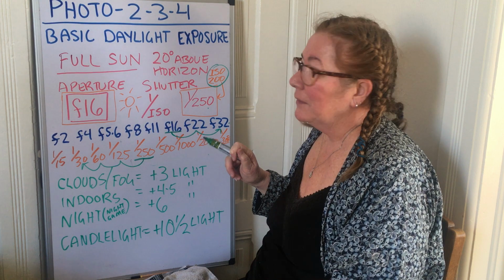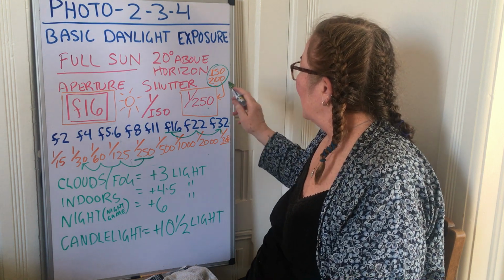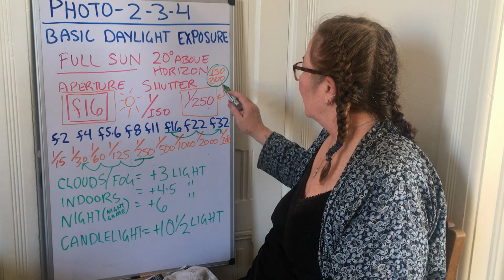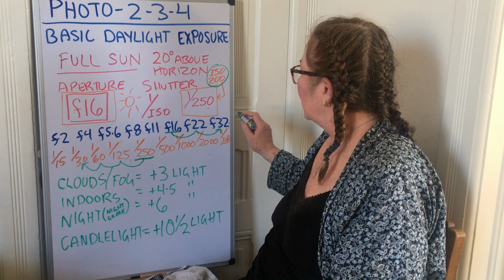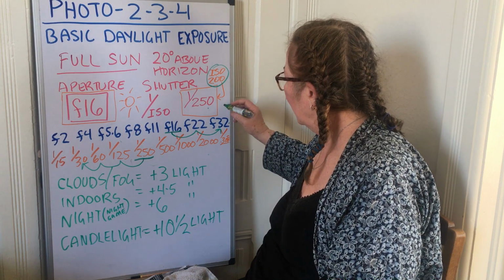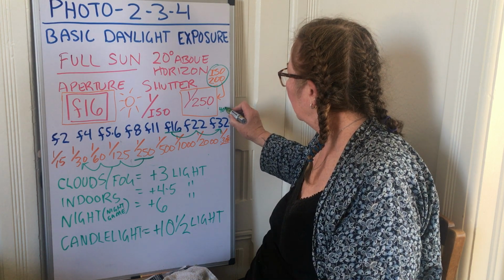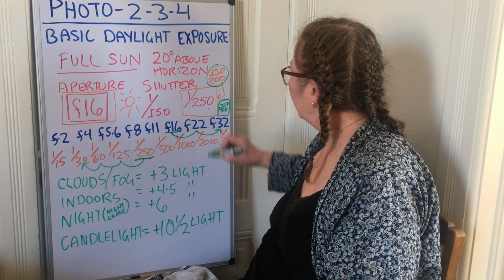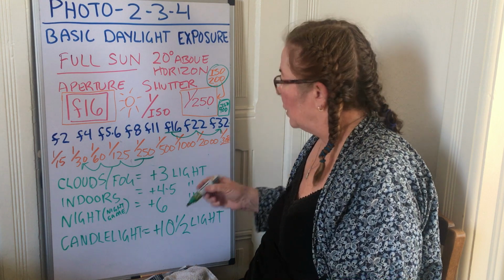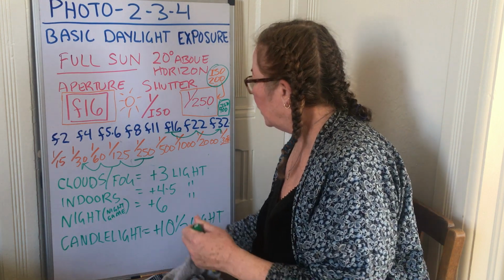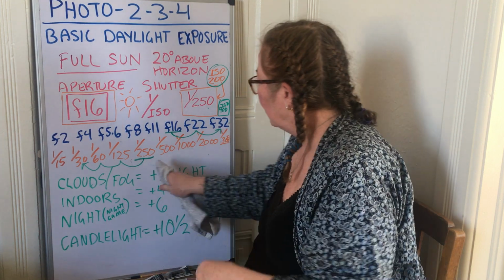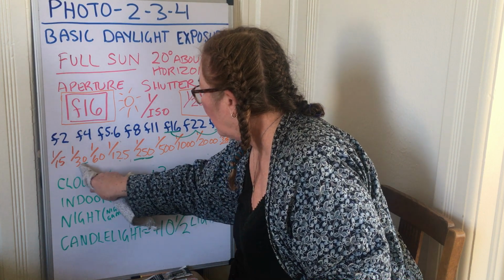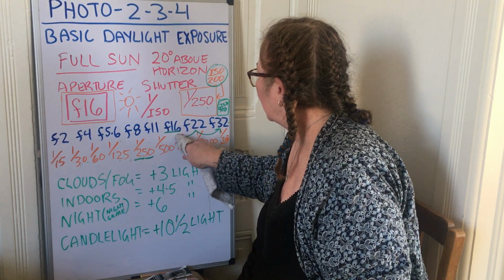It's called pushing your film, and in that case you would change your ISO, say to 400, to get that extra stop. Okay, so that's how you can do that if you don't have that extra stop.